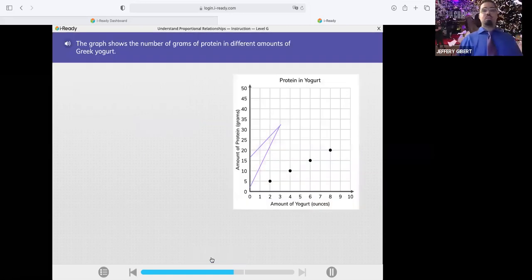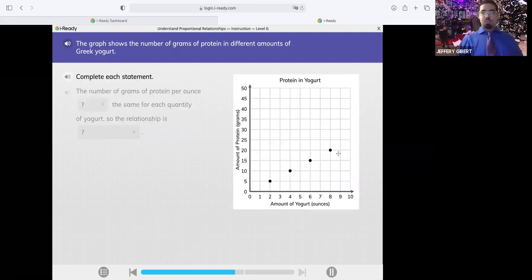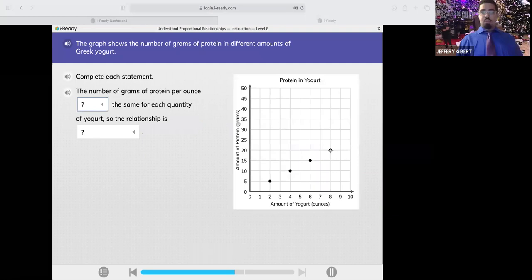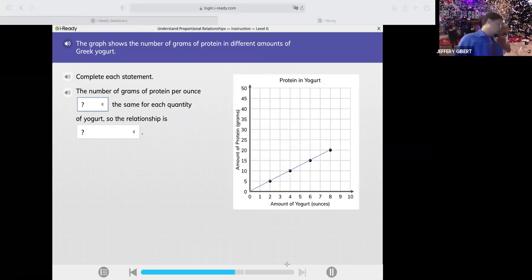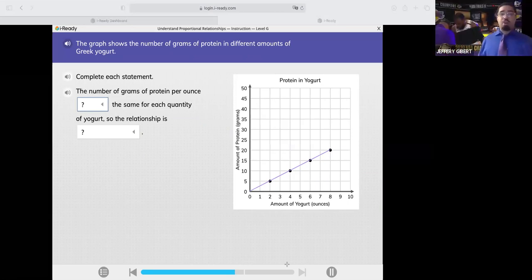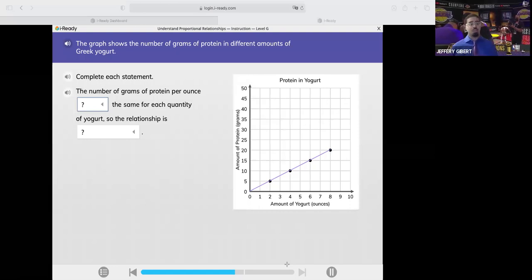The graph shows the number of grams of protein in different amounts of Greek yogurt. Complete each statement. All right, Queen Africa. Is the number of grams of protein per ounce the same or not the same?